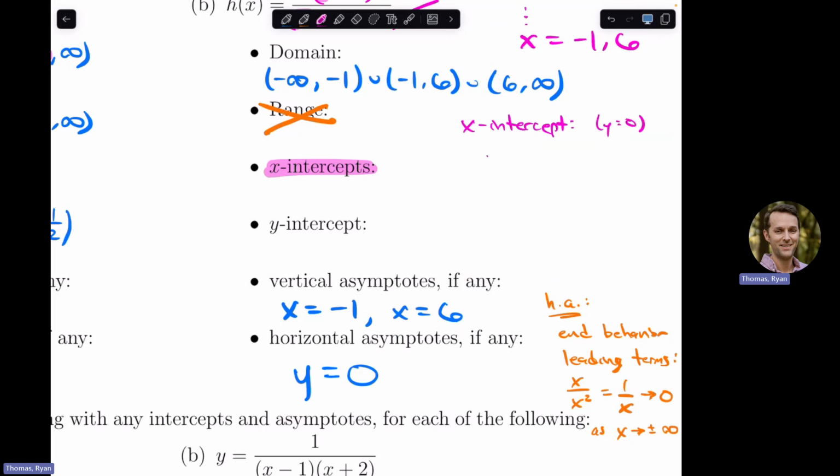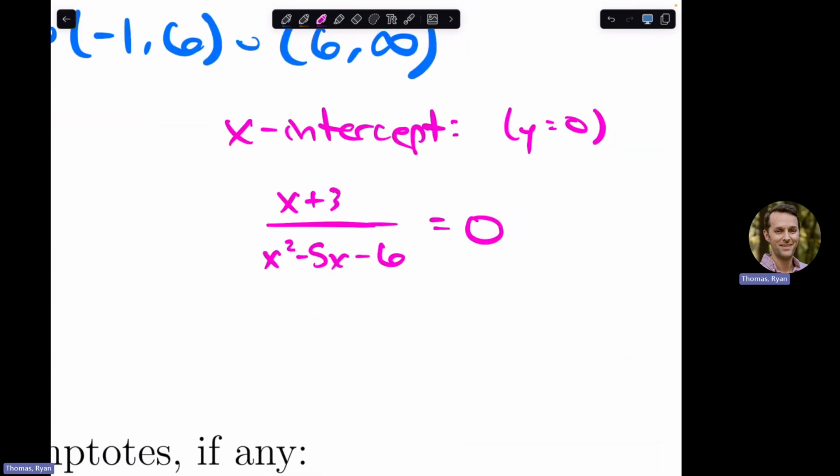If we make y 0, and rewrite the function and put 0 in place of y, we have that, right? Okay, so to find the x-intercept, we need to solve that. Which might look intimidating, right? Because this thing, A, it's a fraction, B, it's got x's and stuff all over the place, like this looks like a lot.